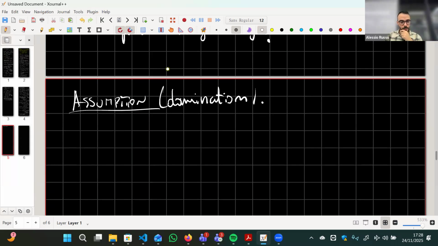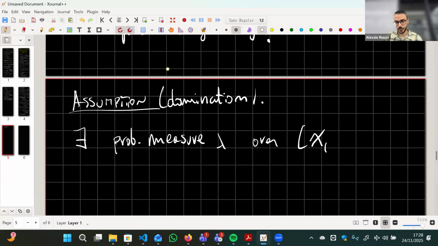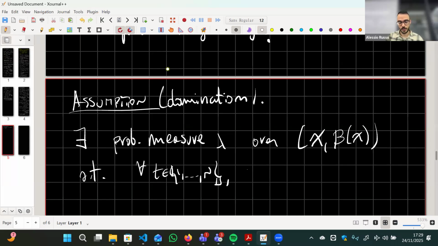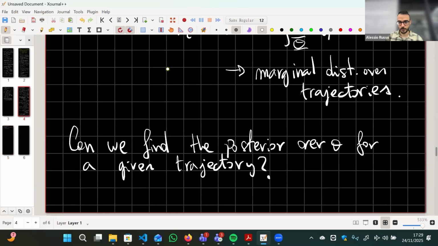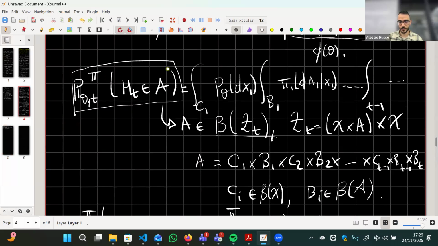So basically, we are going to assume that there exists some probability measure, lambda, over the set of observations, such that for any t from 1 to n, for any trajectory, how did I call this set of trajectories? I think I called it Zt.